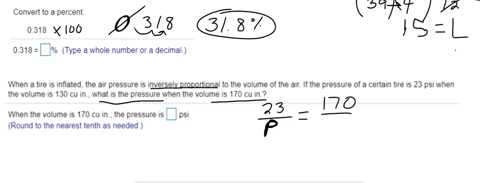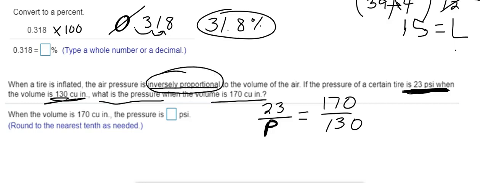And the volume that corresponds to the 23 psi is 130, so it's going to go on bottom. So notice I compared pressure to volume, except I flipped the volume because it's inversely proportional.